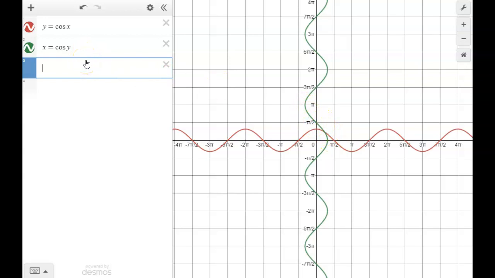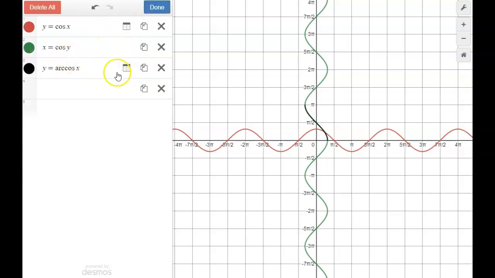So when we type in y equals arc cosine of x, we can see that that is the interval in which the arc cosine or the cosine inverse is defined. If I change this to a dashed line, that might make it a little easier to see.